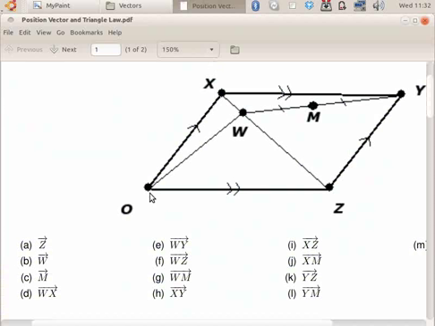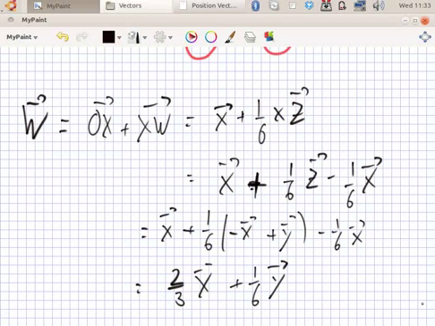So if I want to go from O to W, I'm saying O to W is the same as 2/3 x, which would put me about here, then plus 1/6 of a y. Now what is a y? A y is this direction, O to y. So that's kind of a diagonal direction. So it'd be 2/3 x, and then we go diagonally 1/6 y. So it roughly looks like this.